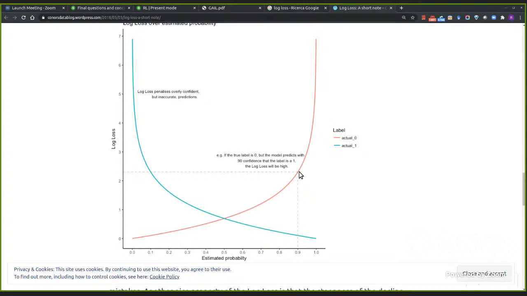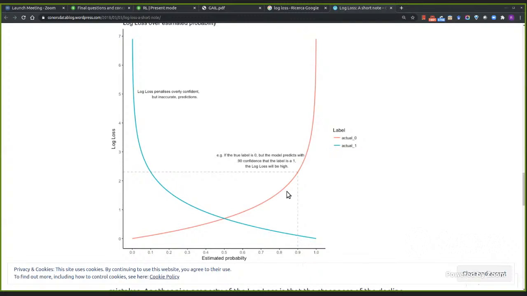If it emits 0, it's telling us it's a 0. Otherwise, it's telling us that it's a 1. So this is telling us 0.9, which means that it's thinking it's a 1. And in this case, the loss will be high.